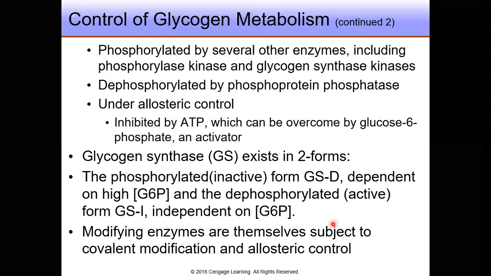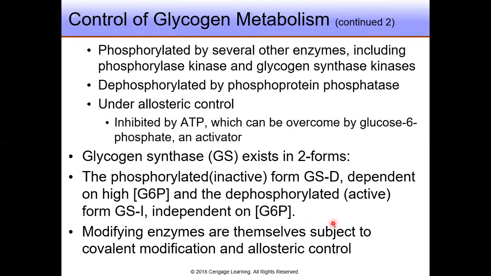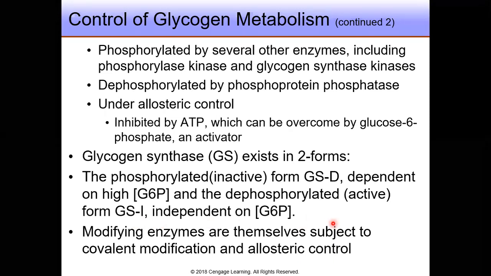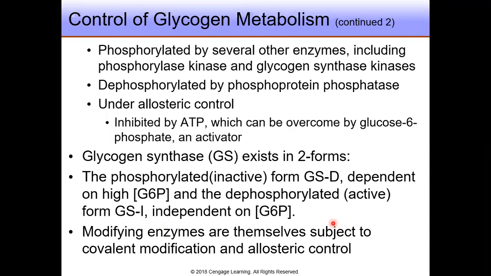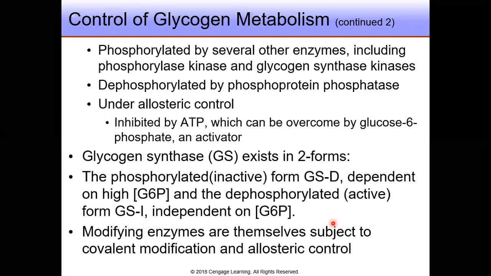Now, the fact that the two target enzymes, glycogen phosphorylase and glycogen synthase, are modified in the same way by the same enzymes links the opposing processes of synthesis and breakdown of glycogen even more intimately.